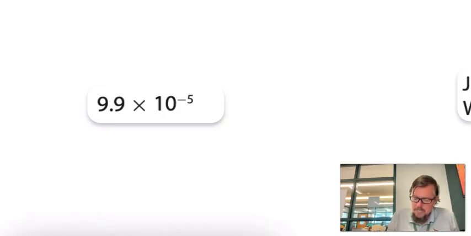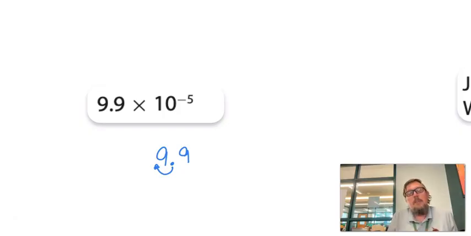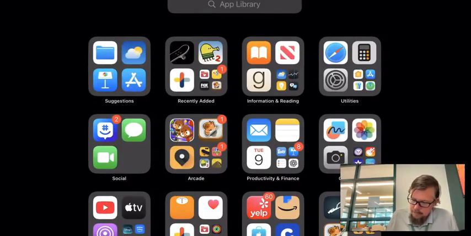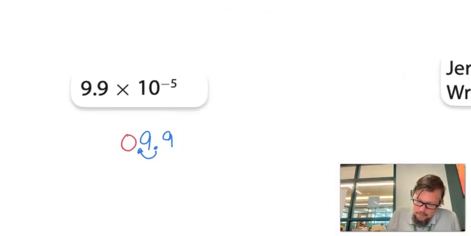Let's see. So we do 9.9. We move our decimal once. It's in front of the first 9. That's only one time though. We need to move it 5 times, so we need 4 more zeros. So, whoopsie. 1, 2, 3, 4.